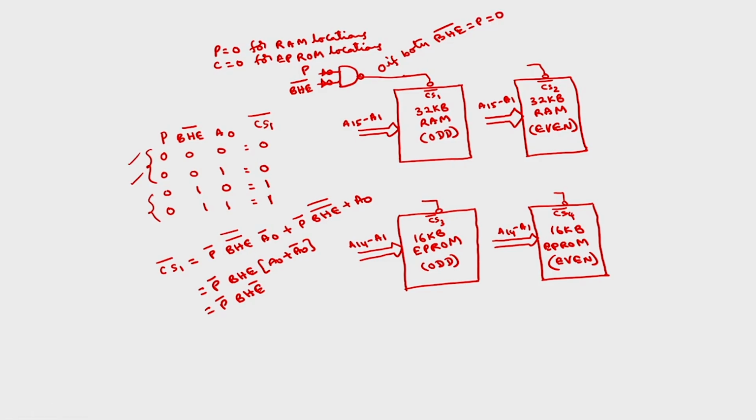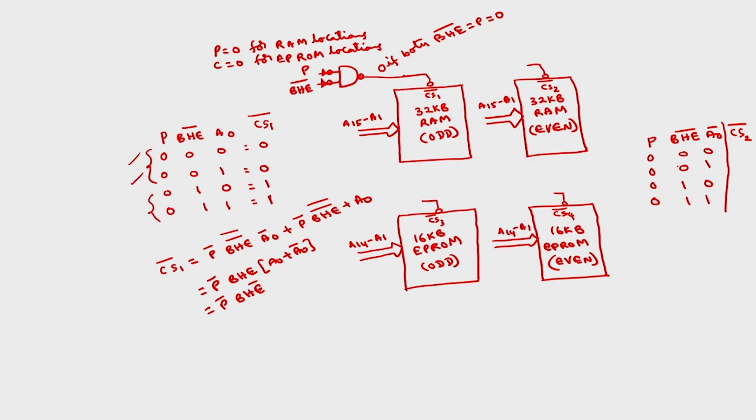Similarly, you can derive the chip select of the even bank. So what will be the chip select of the even bank? For that, RAM only, so P should be 0, BHE bar, A0 bar, CS2 bar. It should be 0, 0, 0, 0, 1, 1, 0, 1, 1.